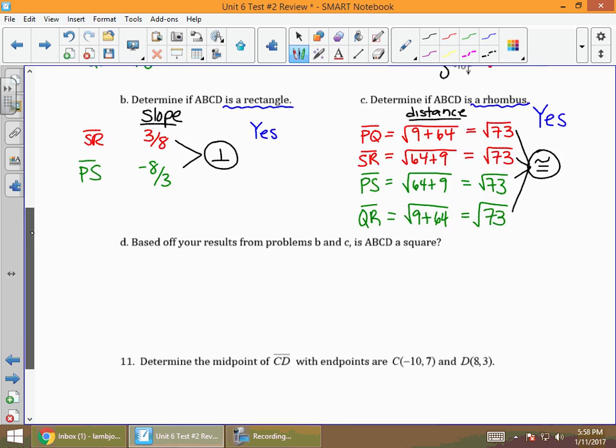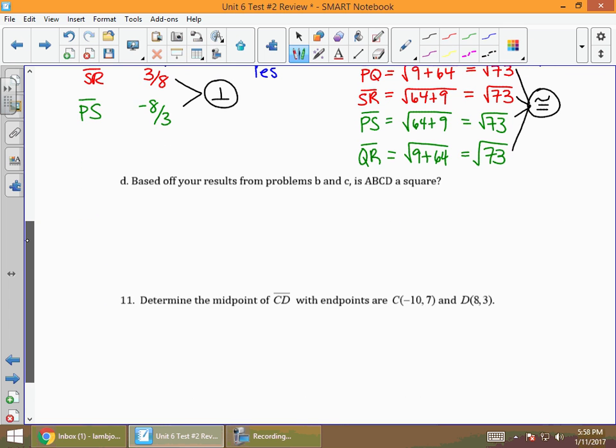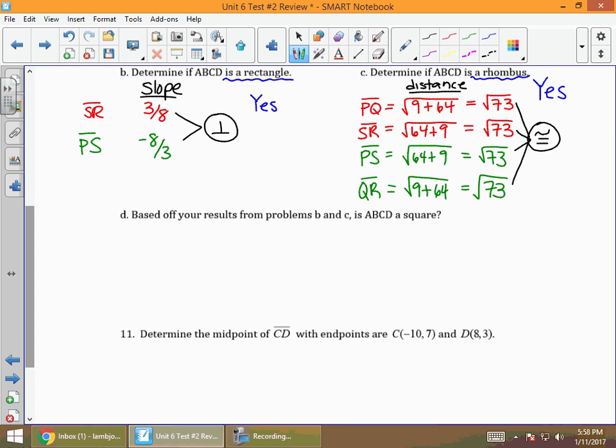All right, part D says, based off your results from B and C, is this thing a square? So it is a rhombus. It is a rectangle.